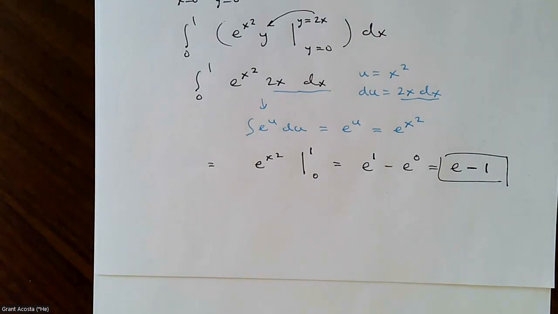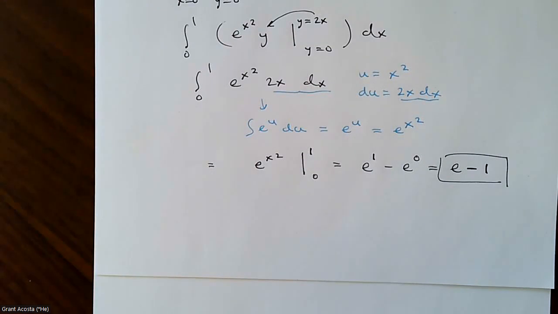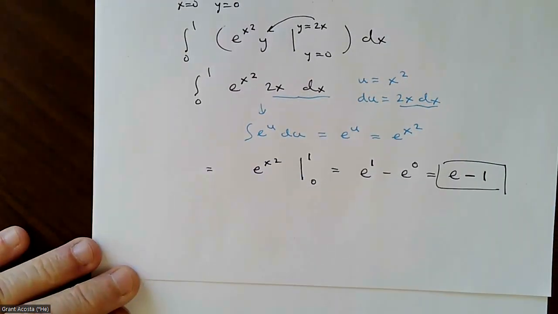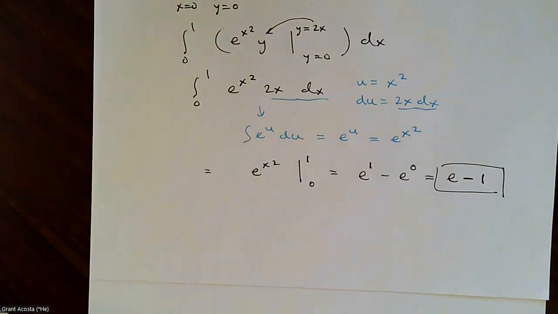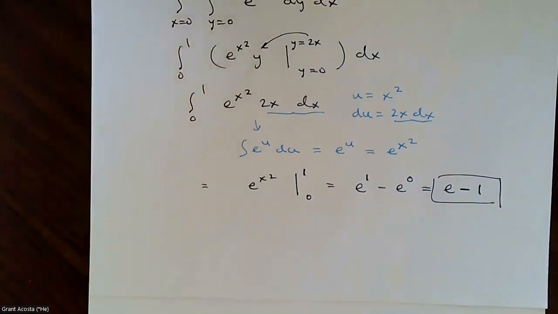A question you're probably wondering, which is a very good question, is how do I know if I'm going to have to reverse the order of integration? Hopefully they will tell you, they will say, evaluate this integral, note that you have to reverse the order of integration before you evaluate the integral.